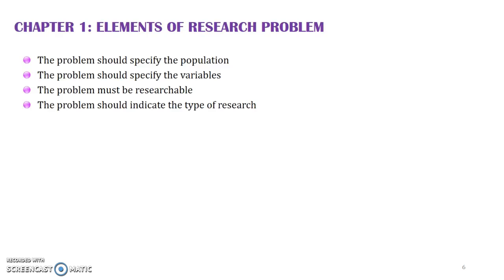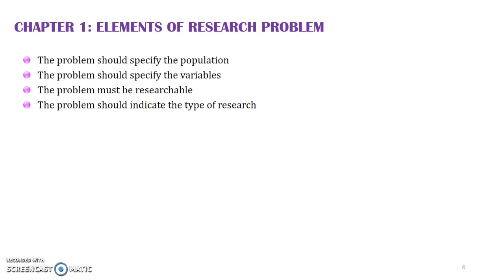Are they policymakers? What is the population? And then it should also specify the variables involved. For example, we know the population is students, so now what about students do you want to research? Their performance, their motivations, their attitudes. Those are the variables that you have to specify.